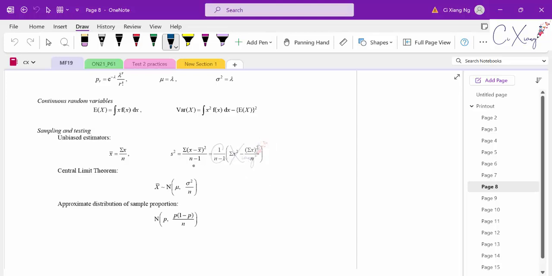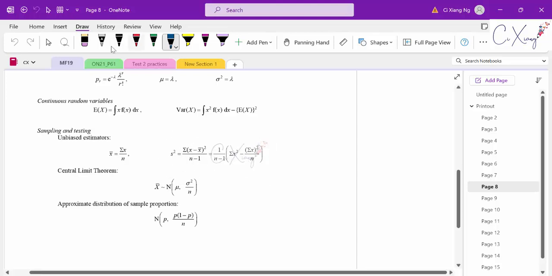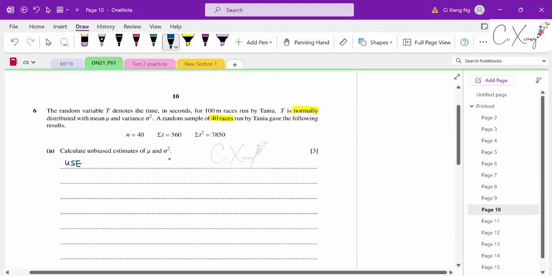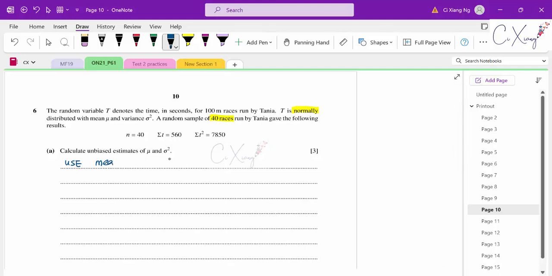Then let's continue. To get the unbiased estimate for the mean, it is the summation of x divided by n. For the variance, it is 1 over n minus 1, times the summation of x squared minus the summation of x, whole thing squared, divided by n.